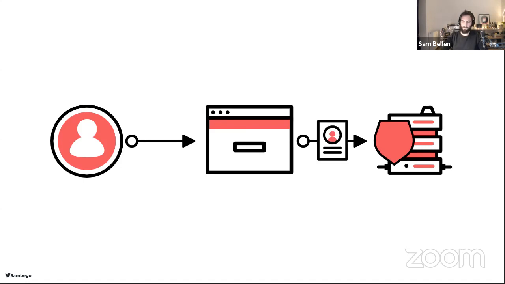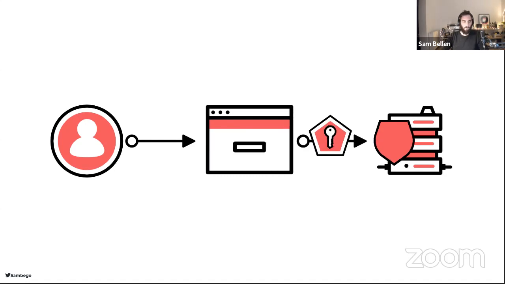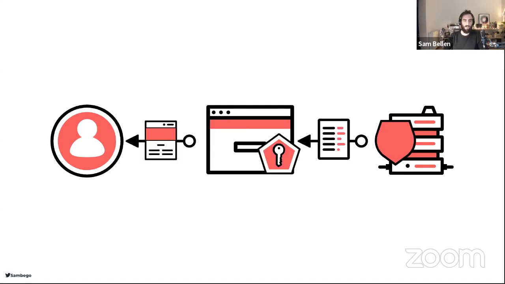If they match, we're going to send back an access token. Instead of a cookie, which we saw in the beginning, we're going to send back an access token stored somewhere in memory. And every time we want to request a protected API endpoint after that, we're going to send along the access token to prove that we have access to that API endpoint. And once we have access, we can just get back all the data we need.